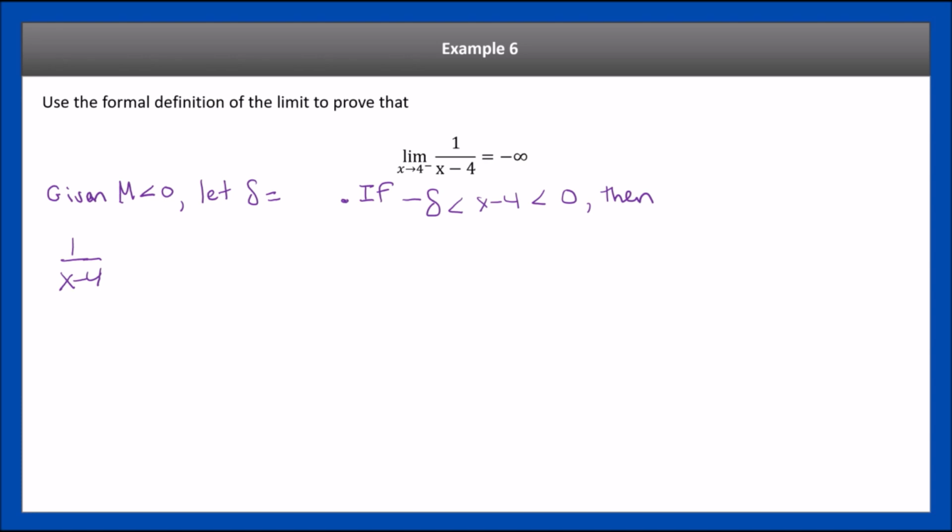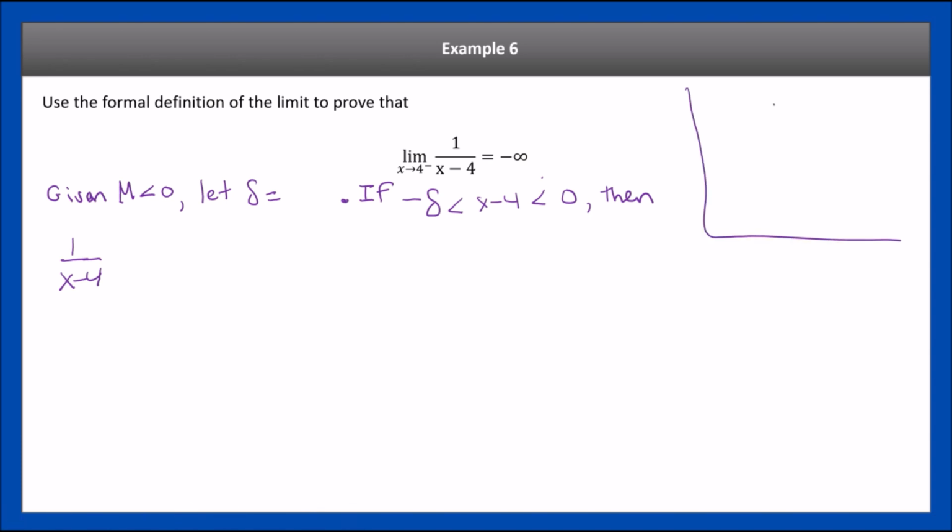Well, if you think about it, for 1 over x minus 4, we know that x minus 4 is greater than negative delta, right? So we'll do this off to the side.